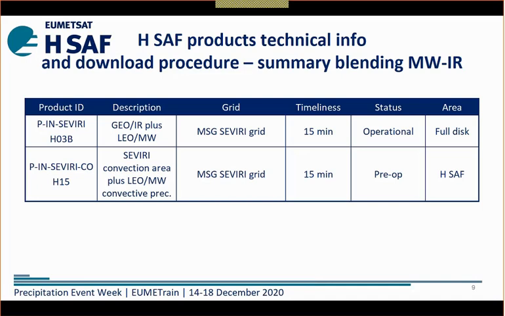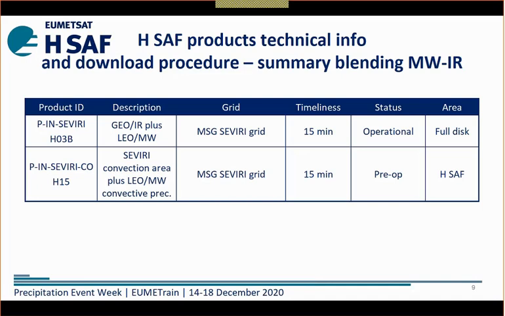And as for now, we have 2 operational products, H03B and H15. 15 is the oldest product we have now. It is still pre-operational because it's going to be replaced, and is the only remaining product displaying only in the European area, while H03 are available for a full disk display.